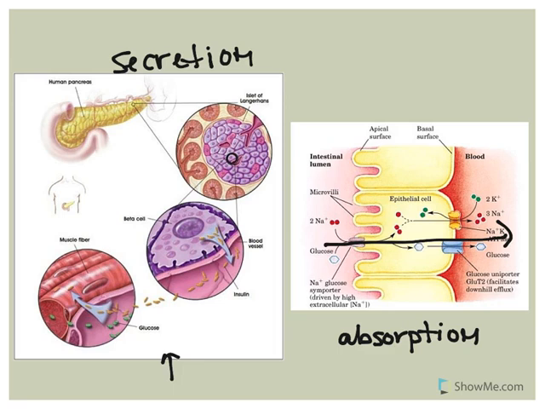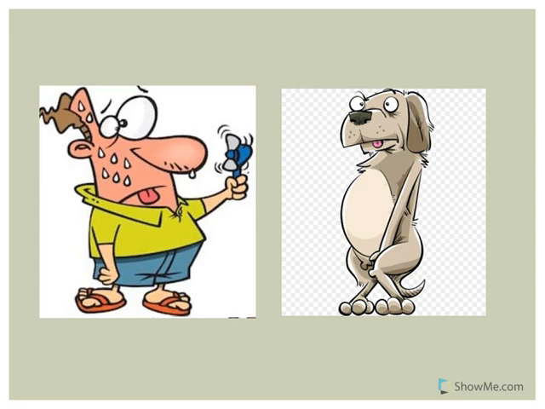Now, excretion, the direction is similar to secretion. The difference with excretion is the material is removed from the body in some way, shape, or form, to either regulate the composition of your body fluids and tissues, or to be expelled to the exterior surface to perform some sort of function.